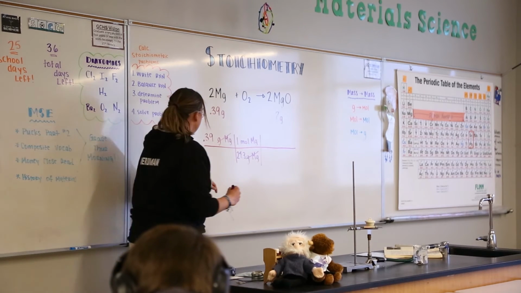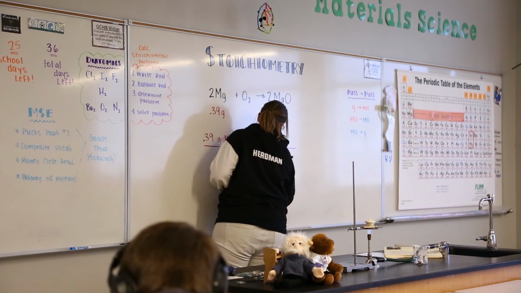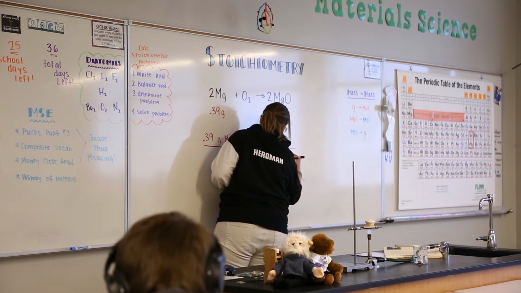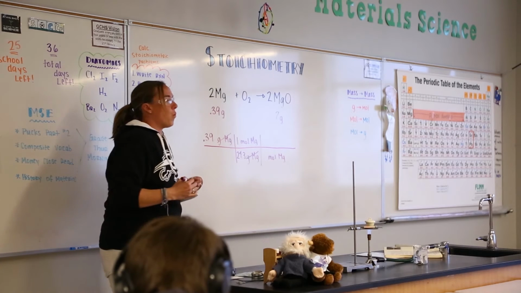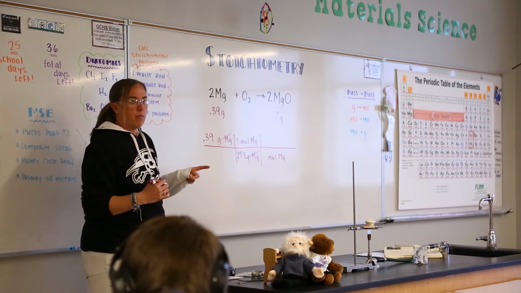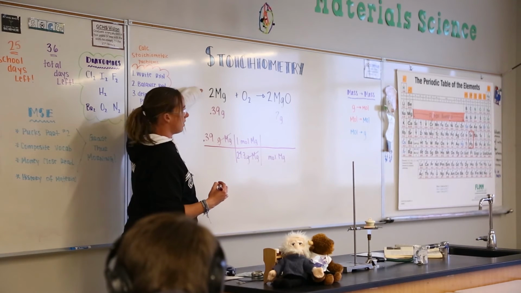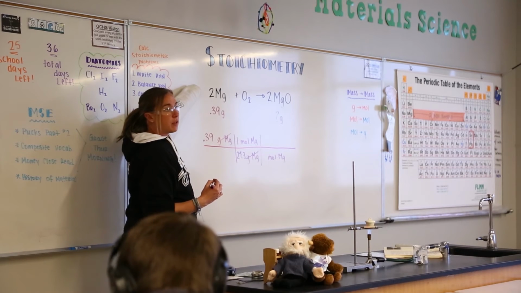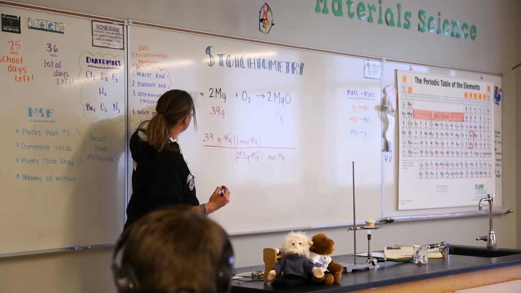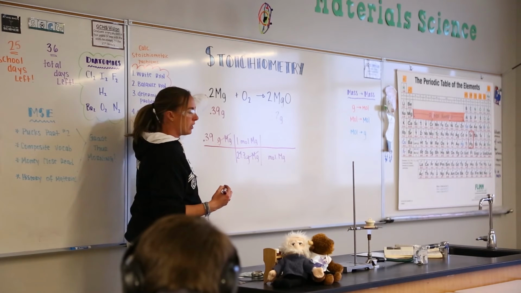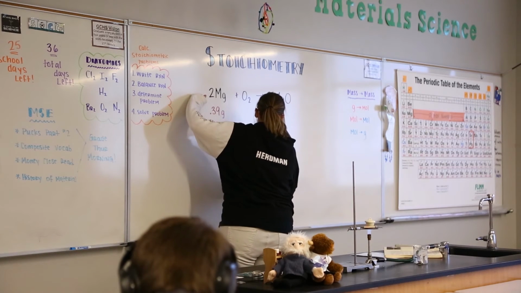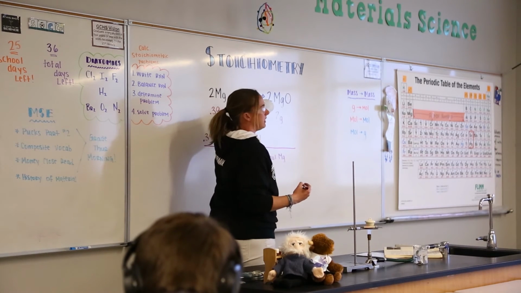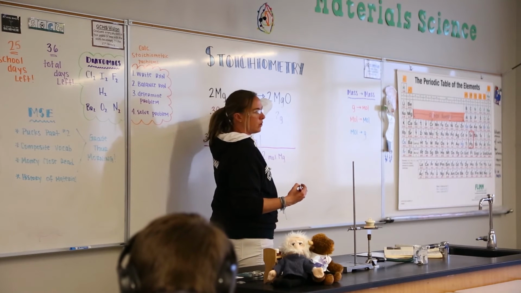Bring the label down. And to go from 1 mole of something to 1 mole of another, we have to use our balanced chemical reaction, right? So how many moles of magnesium do we need? 2. And for every 2 moles of magnesium, how many moles of magnesium oxide do we get? 2.